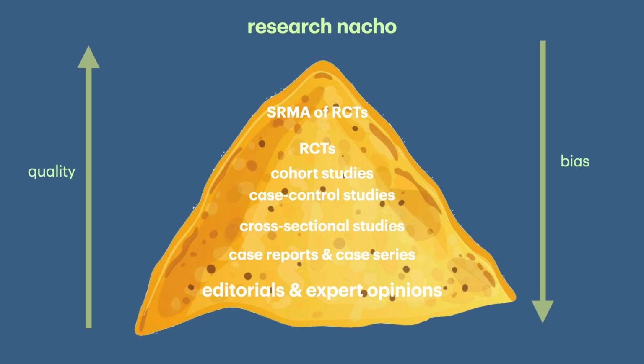As you go from the bottom, which are usually the lowest quality studies, you can go all the way to the tip of the Dorito or the nacho, and that's going to be the systematic review of RCTs. This is the best level of evidence that we can have. As you go up, the quality improves and the risk of bias decreases, and the opposite is true.